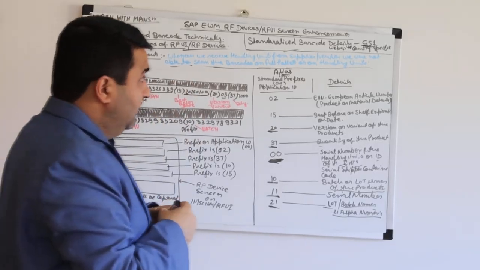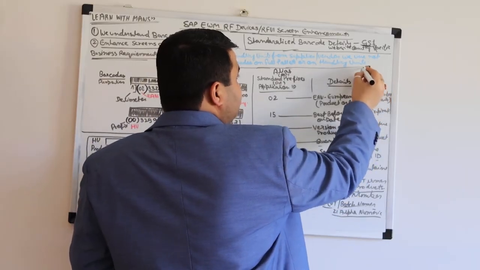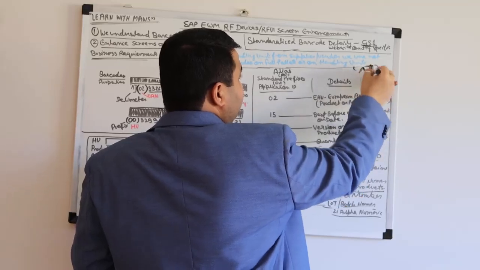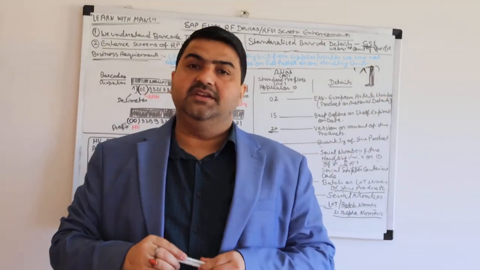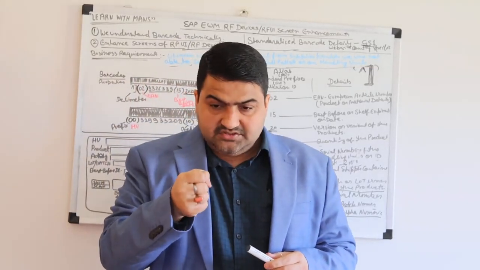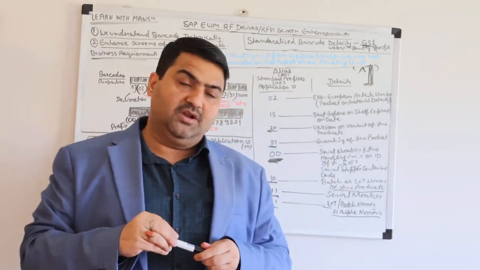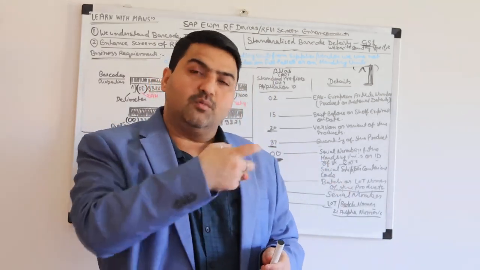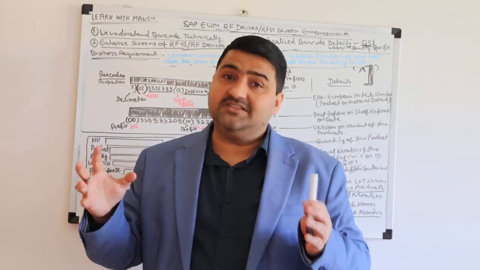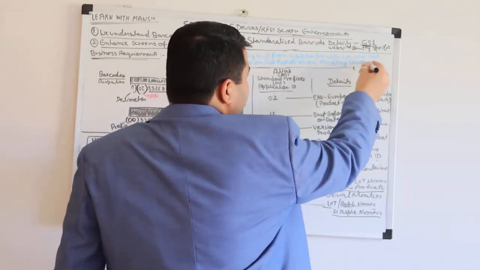So one point here is the delimiter. A delimiter is a special kind of symbol. What is this delimiter? Generally, when you go to a shopping mall and buy a product, when we scan the product or barcode, if you have an SAP system, the system automatically captures this delimiter.